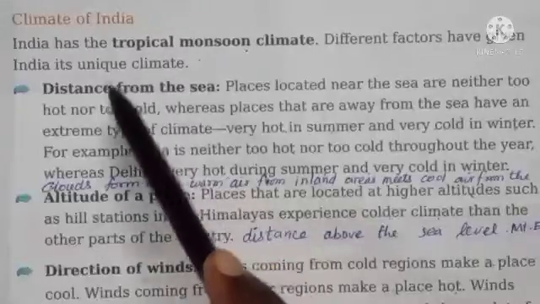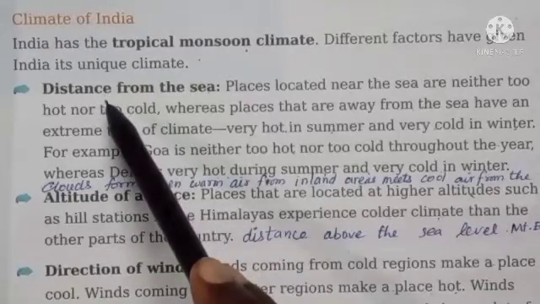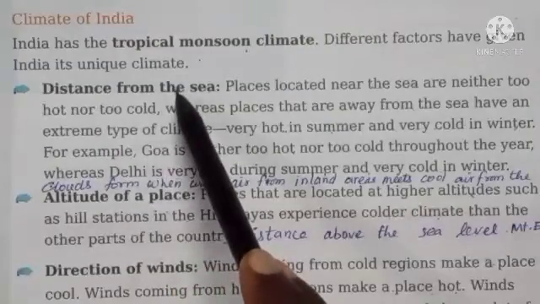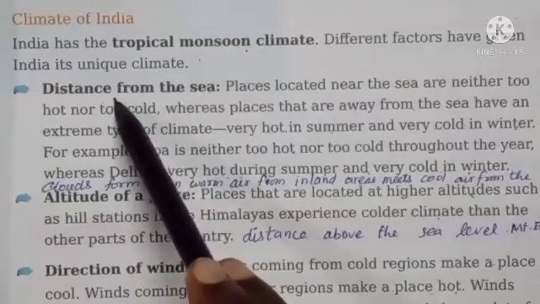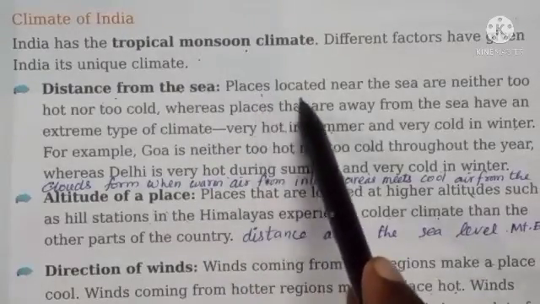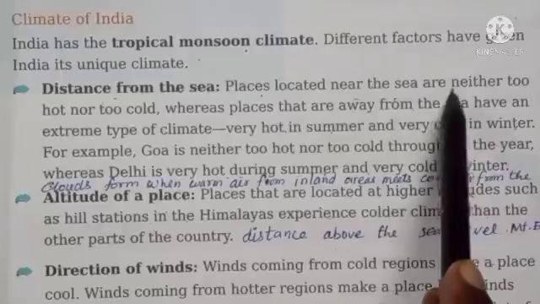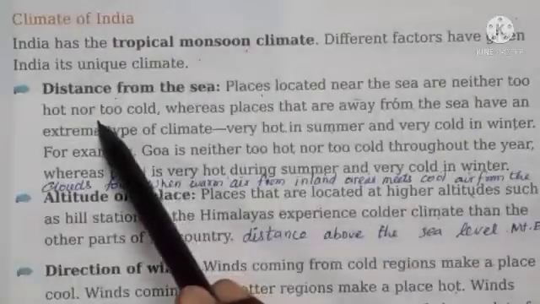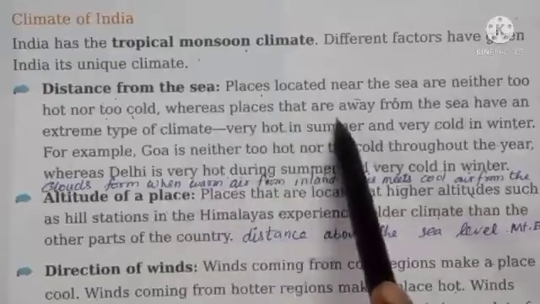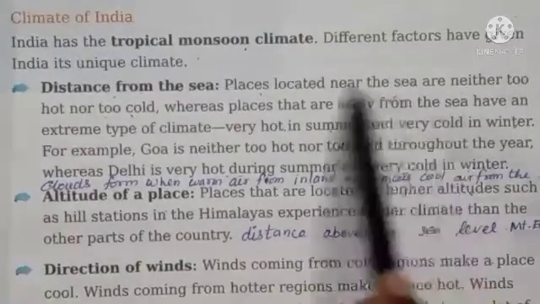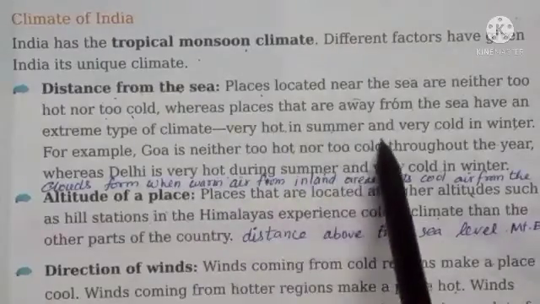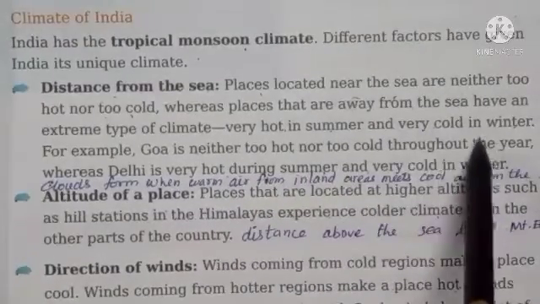We must know that there are factors, that is distance from the sea. What is the meaning of distance from the sea? Places located near the sea are neither too hot nor too cold, whereas places that are far away from the sea have an extreme type of climate, very hot in summer and very cold in winter.